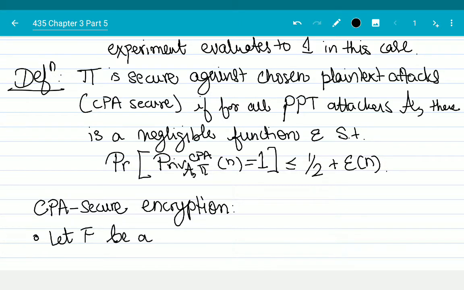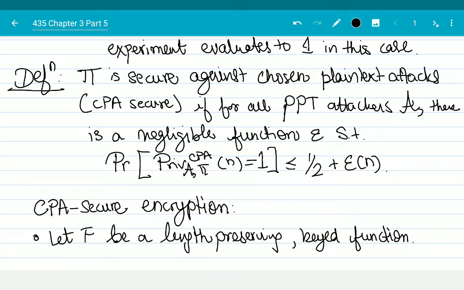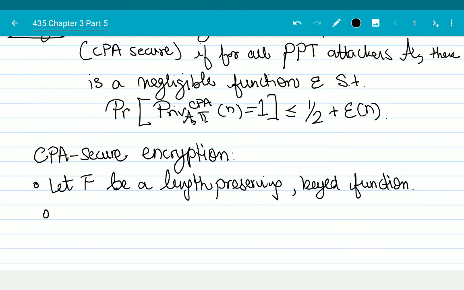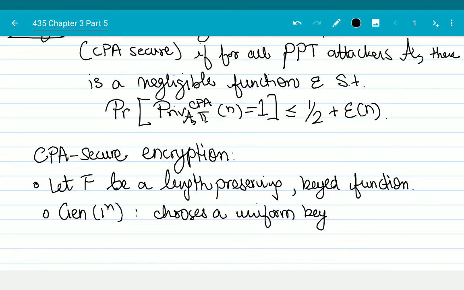Then the generator, on input 1 to the n, chooses a uniform key, which is going to be of length n.